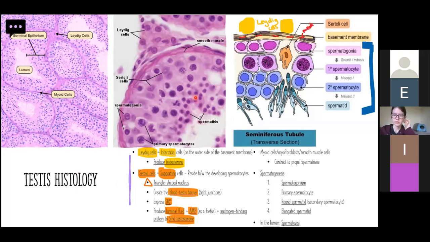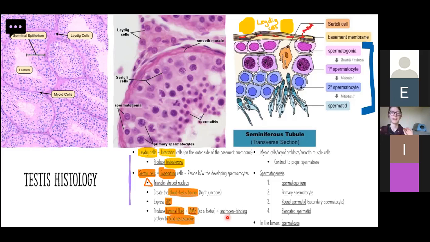And the extra cells. So Leydig cells, they're in the interstitium, so they're outside and they produce testosterone. That's their main role. Then Sertoli cells are the supporting cells. We'll start with S, maybe easier to remember. They create the blood testis barrier. They express RI. They produce everything needed, and they bind the androgen.